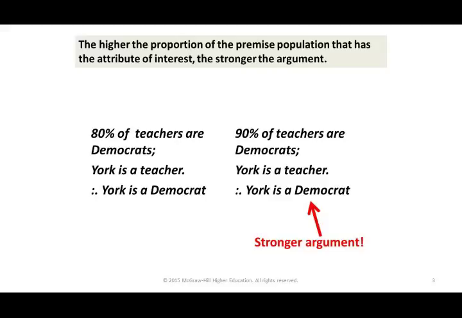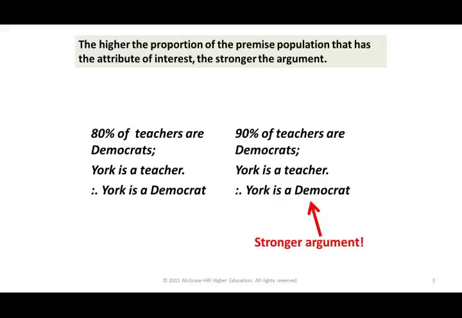It's not clear that there actually is an 80% chance. Maybe more female teachers are Democrats than males, and maybe 90% of females are, and only 50% of males, but there are so few males. I don't know, right? And I'm assuming that York is a male. But notice that's a fairly strong argument if 80% of teachers are Democrats and York is a teacher. That's a pretty good reason to believe that York is a Democrat.